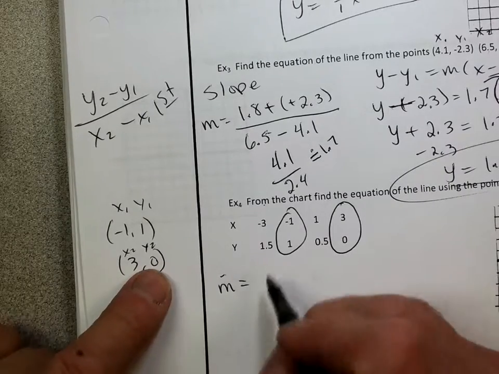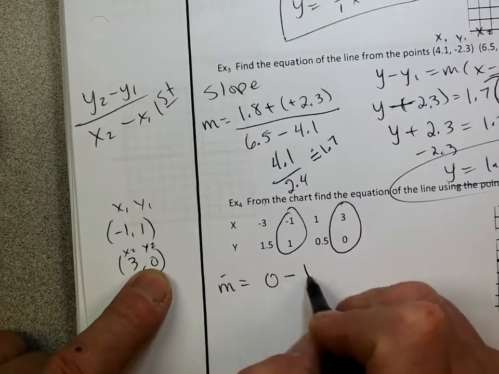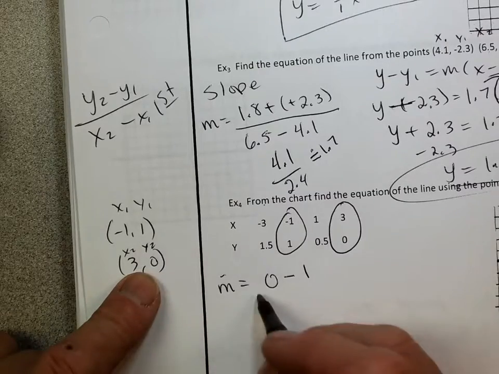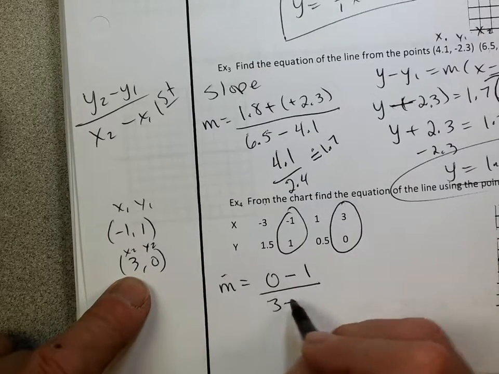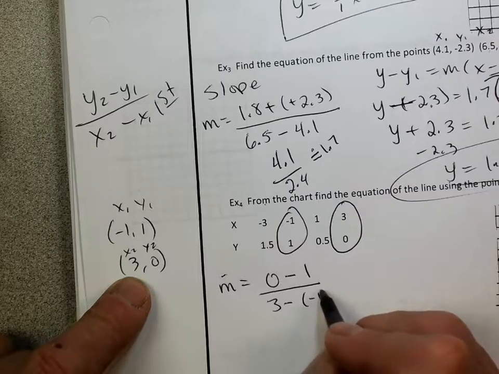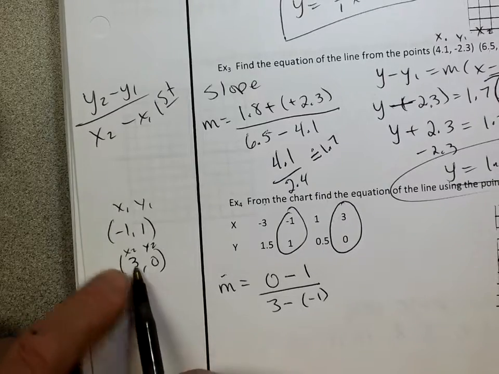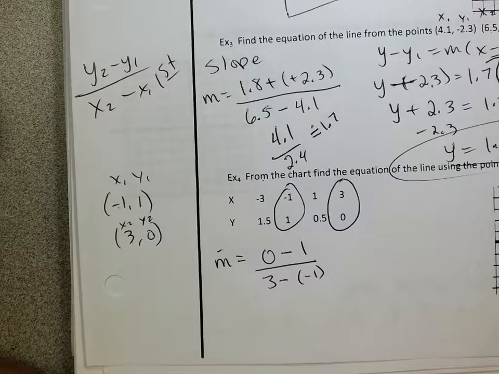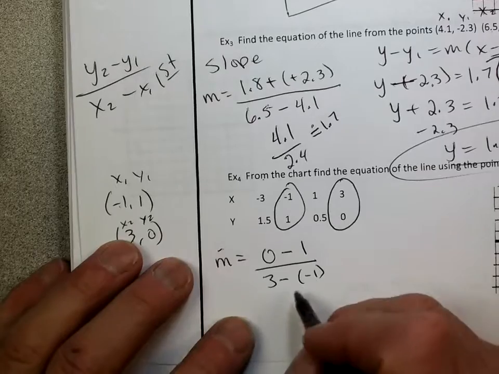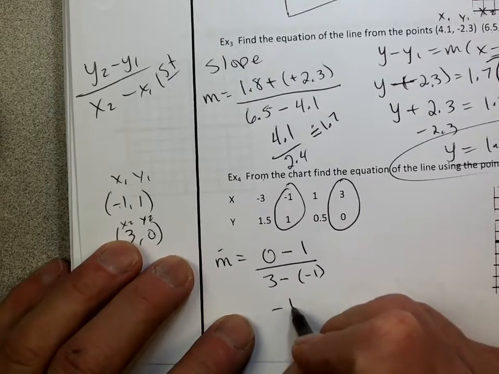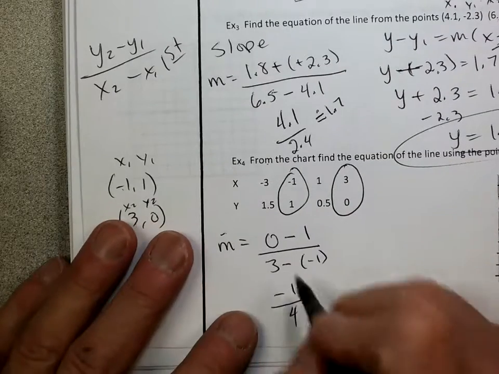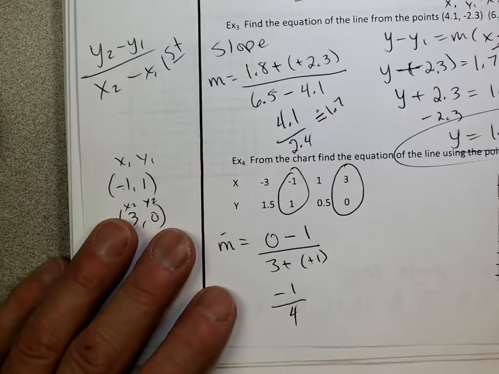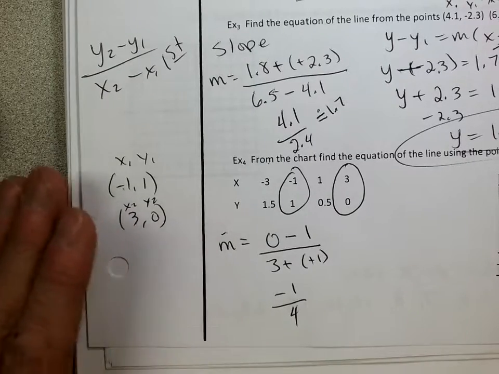So I'm going to go 0 minus 1, y2 minus y1 over 3 minus negative 1, x2 minus x1, okay? How am I doing? So I just used the slope formula, that's all. That'll simplify into a negative 1 over 4, won't it? Because that's a double negative there. So that's my slope.